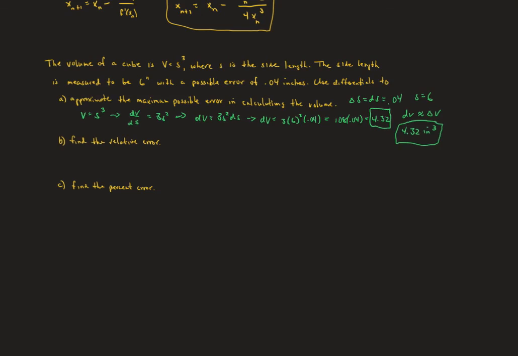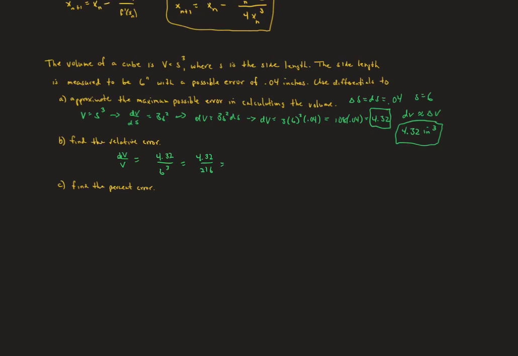Now the relative error, we're going to take our dV and divide that by the actual volume so we can see relatively how much we are off. So that's going to be our 4.32 over the volume, which is going to be our 6 cubed. So 6 cubed is 216.